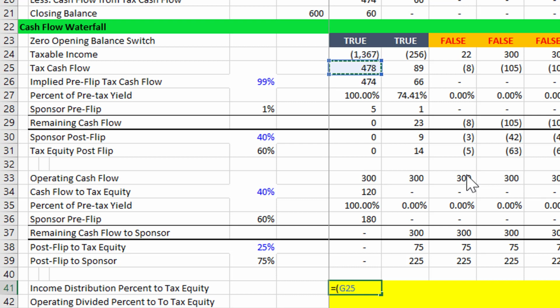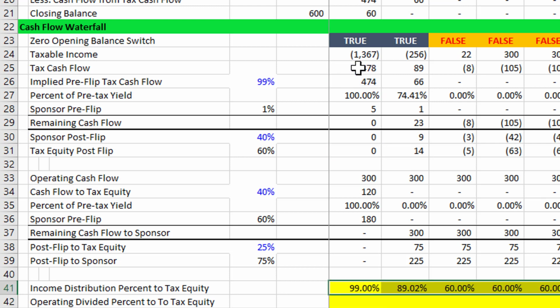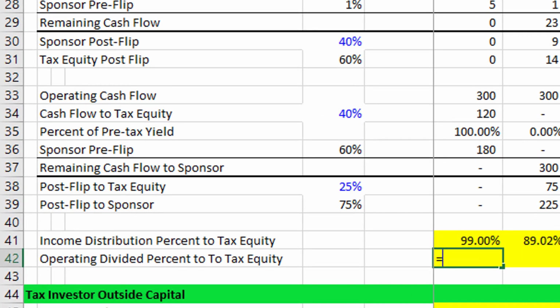And this time I'm unfortunately going to use the tax cash flow. So these people get this one and this one, and then you divide it by the total. That's how we get our percentage. And we'll do the same thing. I didn't have a divide by zero here.